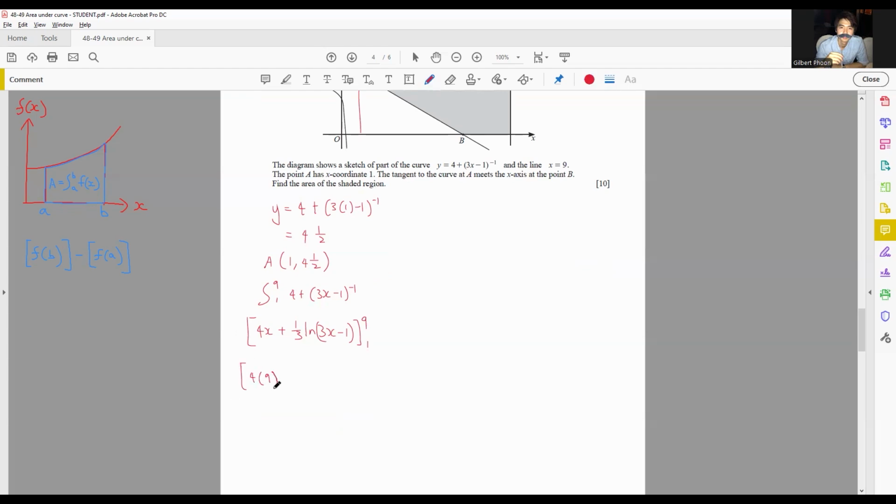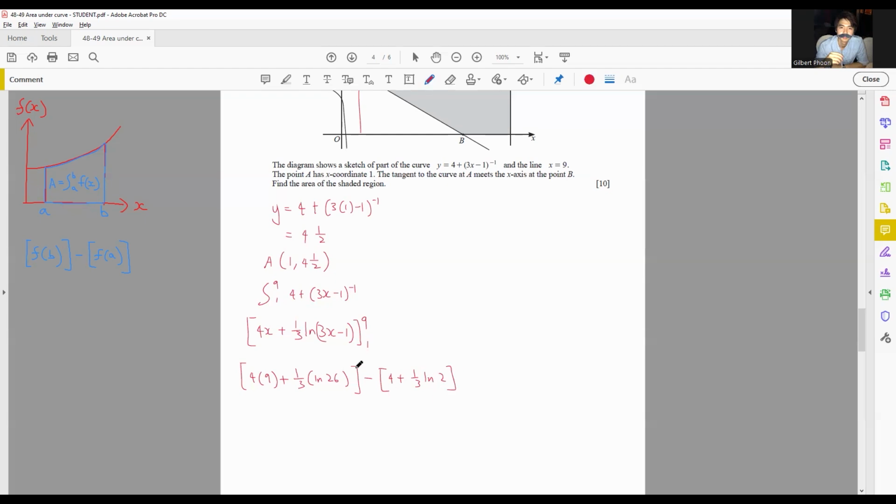4 times 9 plus 1 over 3 ln of 9 times 3, 27 minus 1, that's 26. Minus 1 times 4, this is 4 plus 1 over 3 ln 3 minus 1. So that's just 2, right?